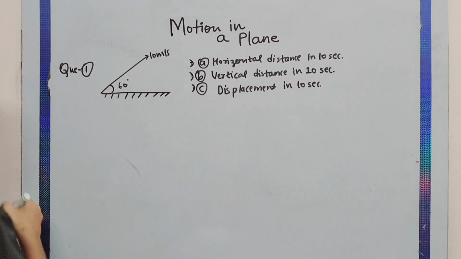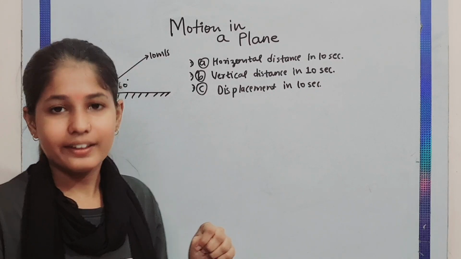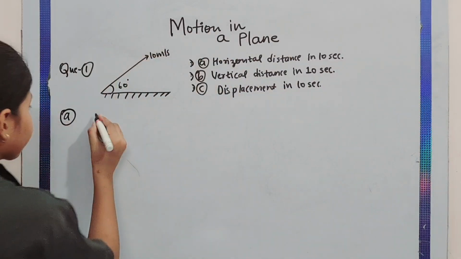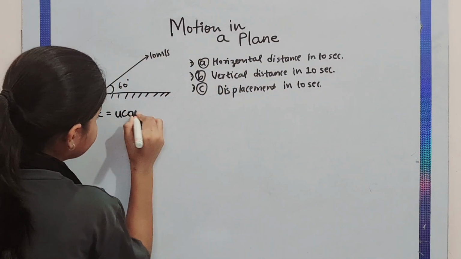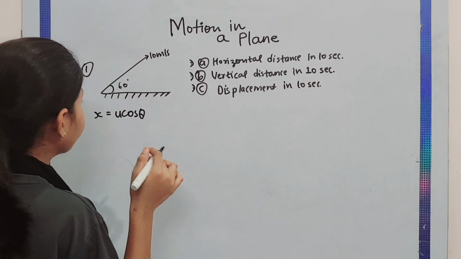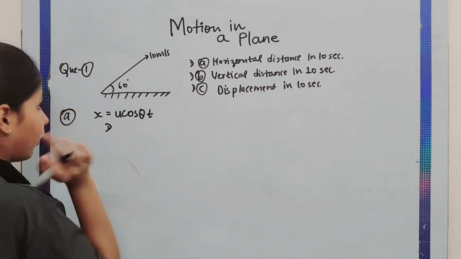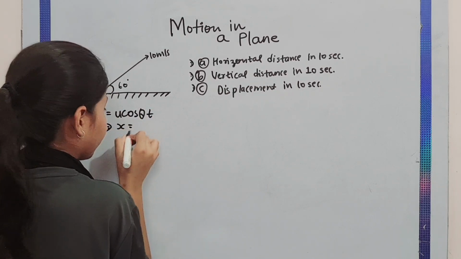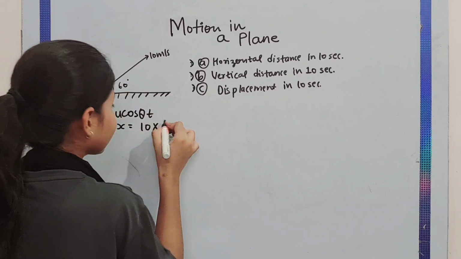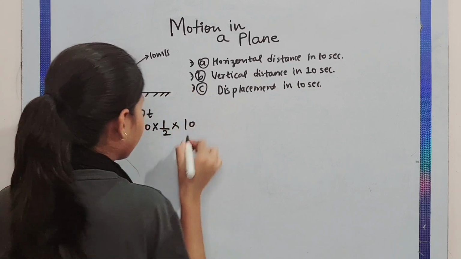So first of all, let's take out our horizontal position. Horizontal distance with respect to time is given, so what was the formula? It was simply x is equal to u cos theta t. Now here, u is 10, cos 60 is 1/2, and time is 10 seconds.